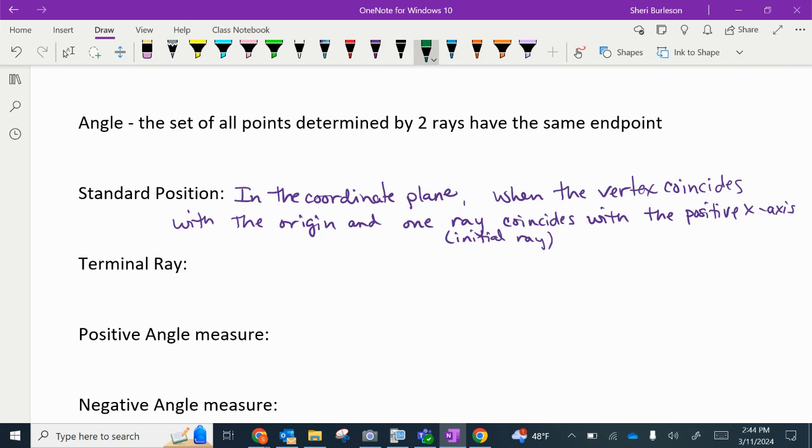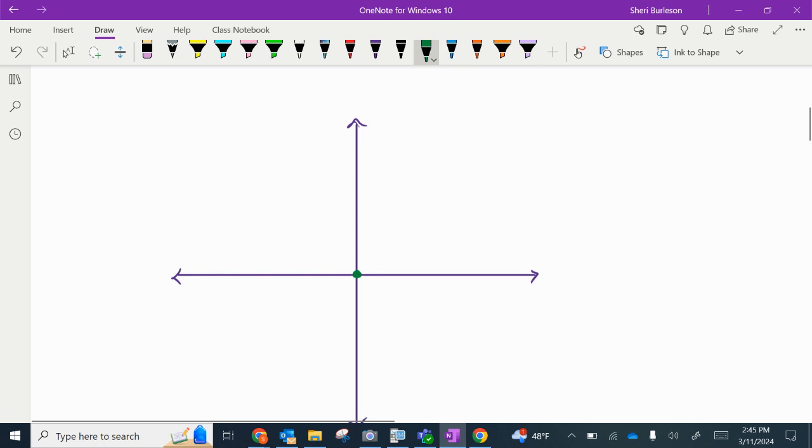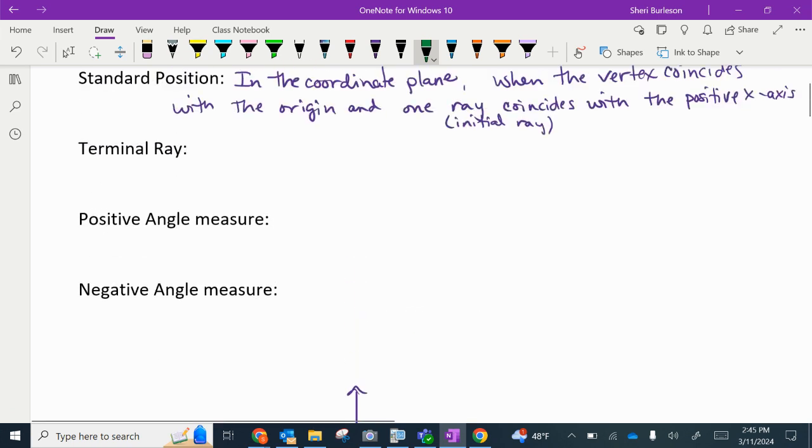Okay. So the vertex is at the origin and one of the rays coincides with the positive x-axis. Do you see that? This is the initial ray on the positive x-axis.